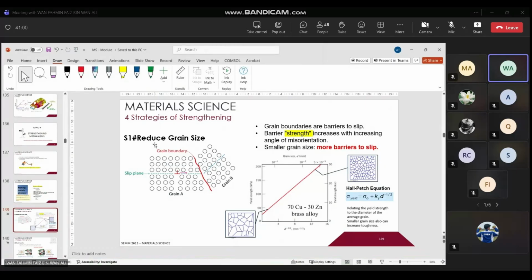then we highlight based on the precipitation strengthening mechanism process: explain step by step how to improve the strength of aluminum. The first question, if you recall, is a bit general. Just random, which process to strengthen the material? You have 4 strategies.